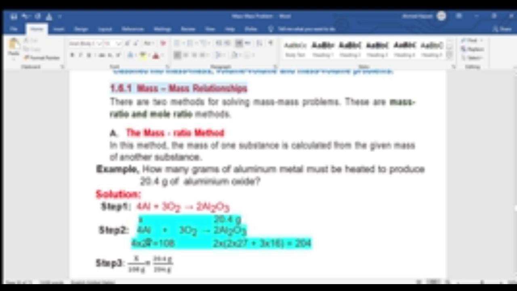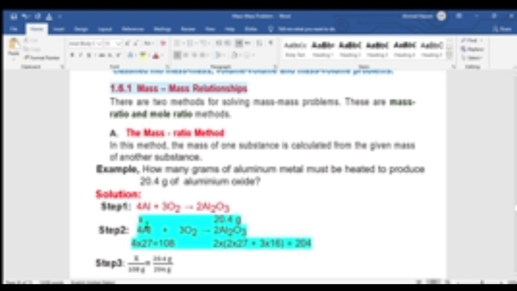The total mass of aluminum is written below it: the atomic mass of aluminum is 27, its coefficient is 4, 4 times 27 is 108. For the total mass of aluminum oxide, we have 2 aluminum and 3 oxygen: 2 times 27 is 54, and 3 times 16 for oxygen is 48, and the coefficient 2 multiplies this sum, so it becomes 204.